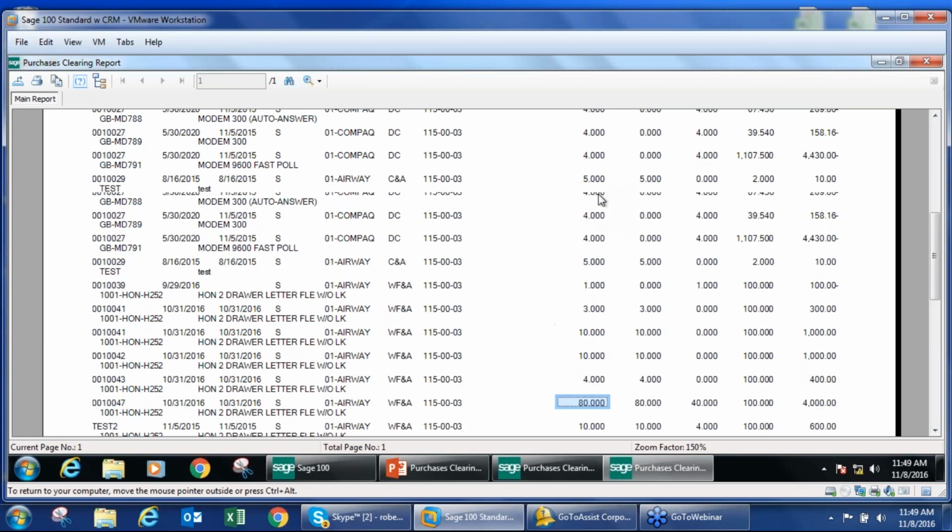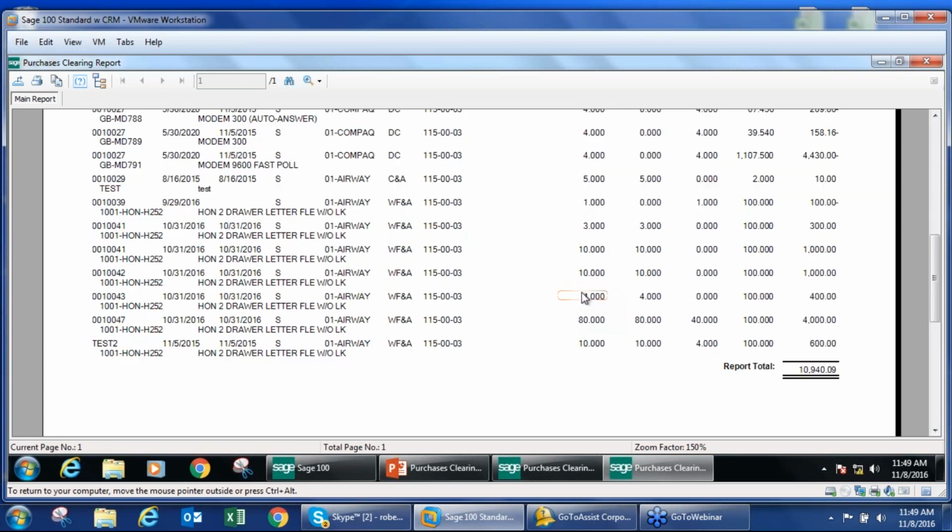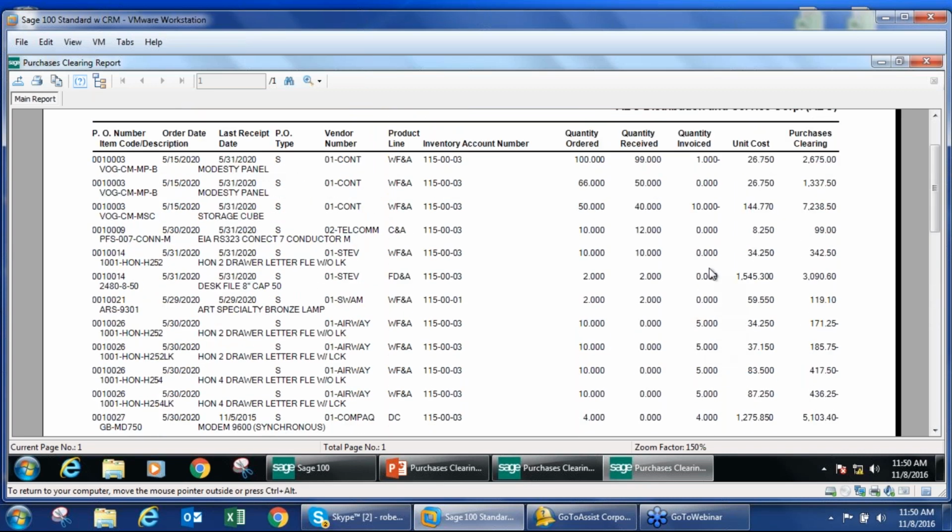Now, this report gives us several columns. This is our quantity ordered, right? Next, we have our quantity received and quantity invoiced. Now, the only items that show up on this report are those line items where the quantity received and quantity invoiced do not match.